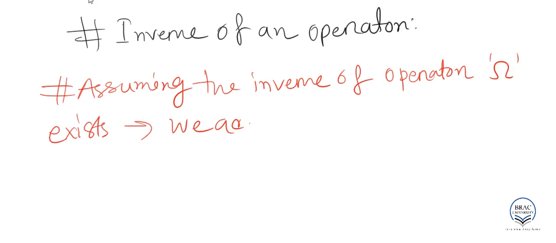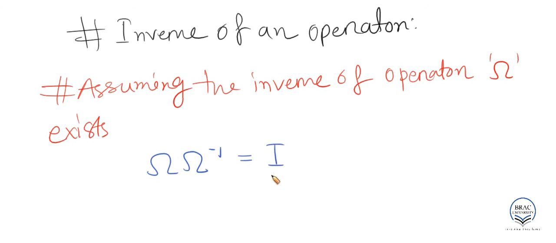I'll take this assumption, and the inverse will be defined like this. If you have omega and omega inverse, this is how the inverse is denoted, then it will give you the identity operation. And you can also write it as omega inverse and omega.